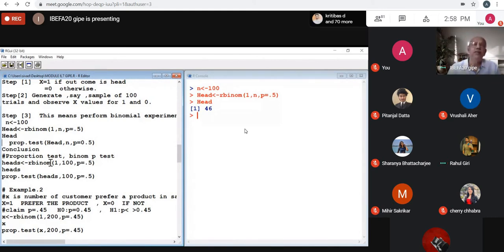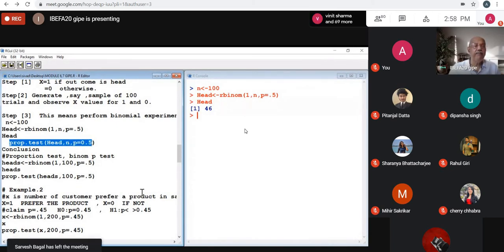Out of 100, how many times am I getting head? 48. Correct. 46. Apply the proportion test. See the syntax? prop.test, head, 100, p = 0.5. Just like the t.test syntax.